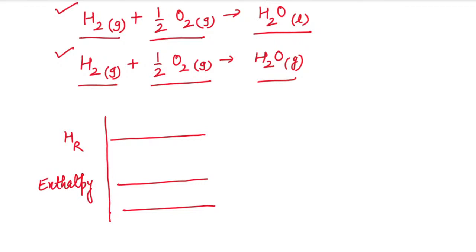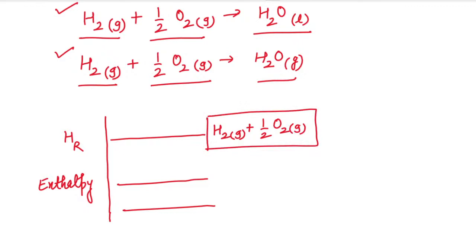Let us say it is for H2 gas plus half O2 gas, the average energy of these two. Because what is delta H? Sum of the enthalpies of products minus sum of the enthalpies of reactants.